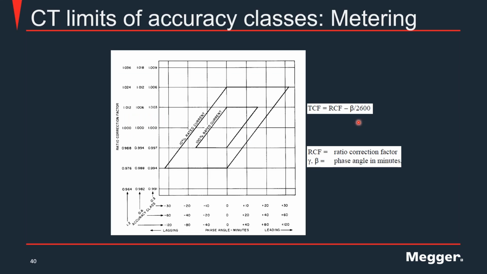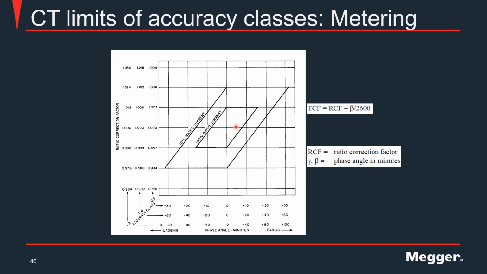For metering, you have what we call the ANSI parallelogram, where you have a representation of the allowable ratio correction factor and the phase angle deviation, and you can bring your CT and locate it here, depending on what's your phase angle deviation and the ratio correction factor for the load that you have connected, and you can locate your CT.